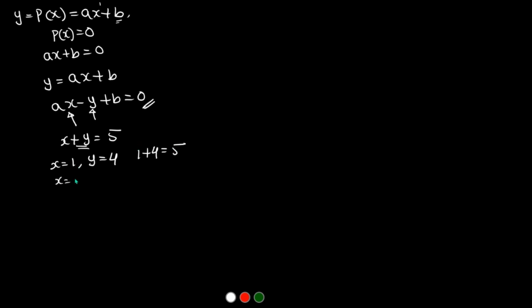If x is equal to 2, y must be 3, since 2 plus 3 is equal to 5. So what I am trying to say is we cannot enter the x and y numbers independently. If we know x, we can find y, and if we know y, we can find x.